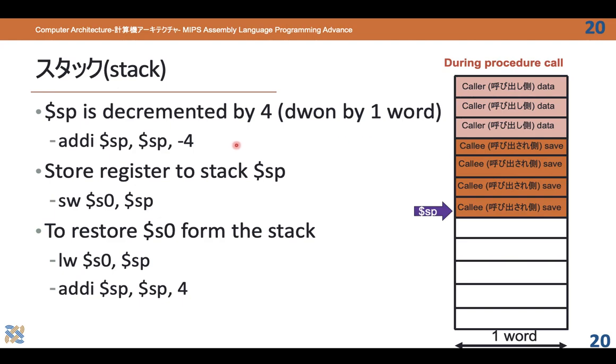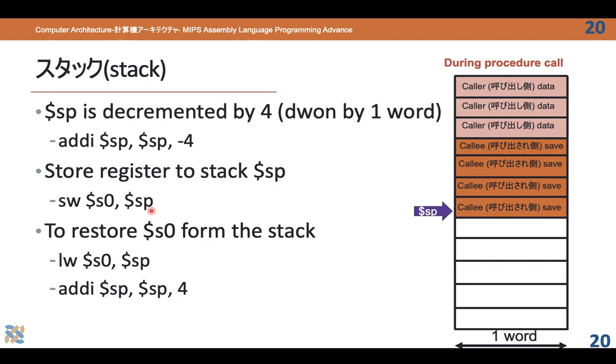To do that, you first need to make space on the stack, and that is done by this instruction on the stack pointer. You add -4 to make the space. If you have to use two variables, you use -8 instead of -4. Then you store the corresponding register, for example S0, to the stack.